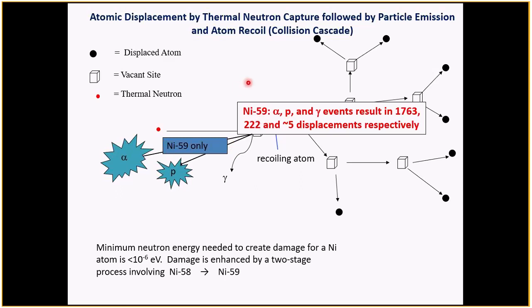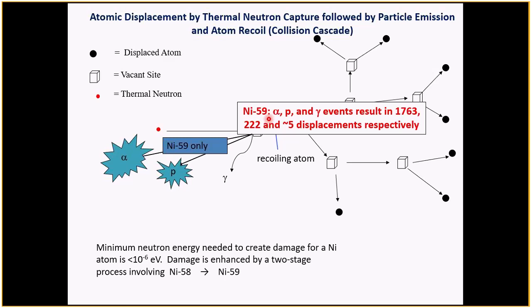I'm just going to take a little side note here. Nickel 59 is almost only ever produced in a reactor. The half-life of nickel 59 is 7,000 years, I think.